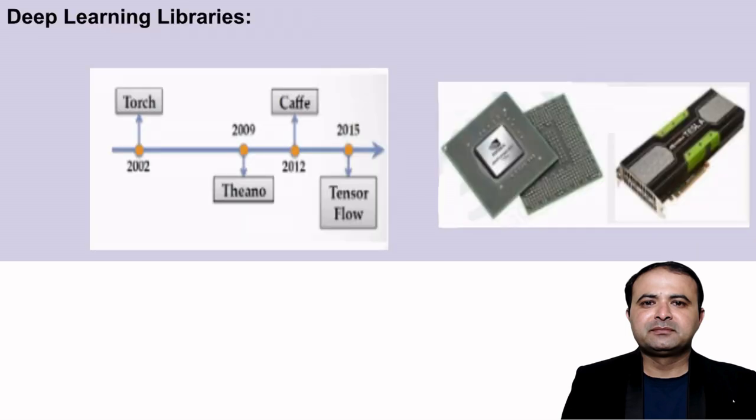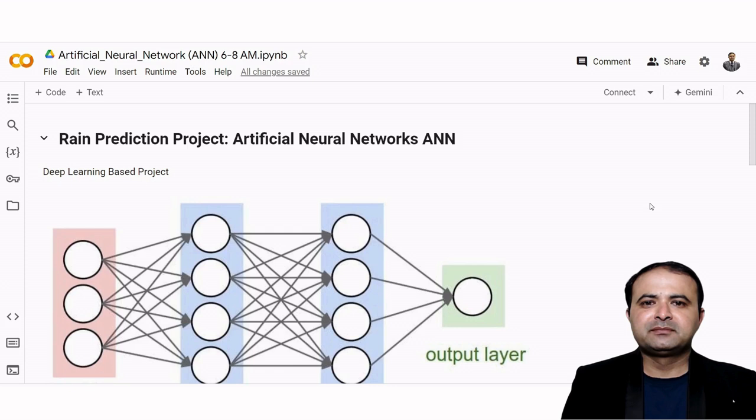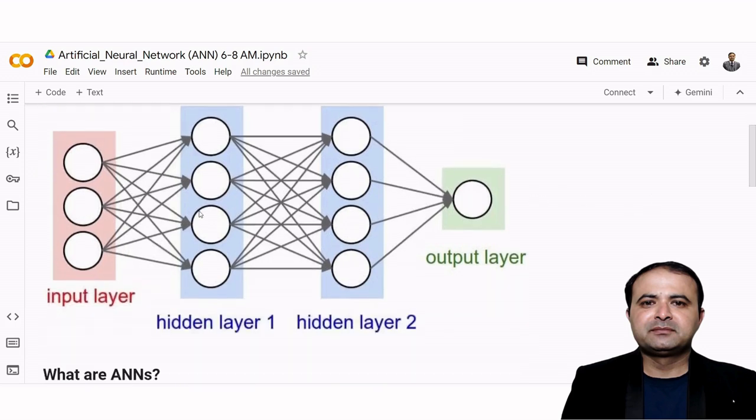Now TensorFlow and scikit-learn are very useful and in very high demand. Today I want to discuss one of the most important projects based on deep learning and the artificial neural network, and in this project, I want to do rain prediction. I have a picture ready of how we can input the values and output them.